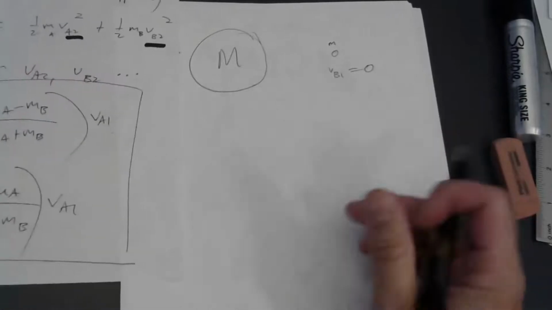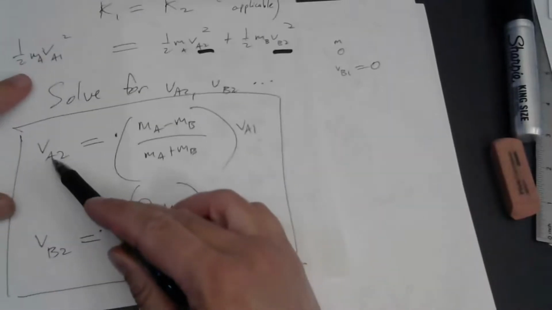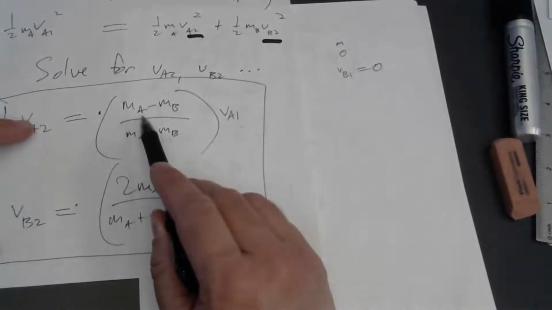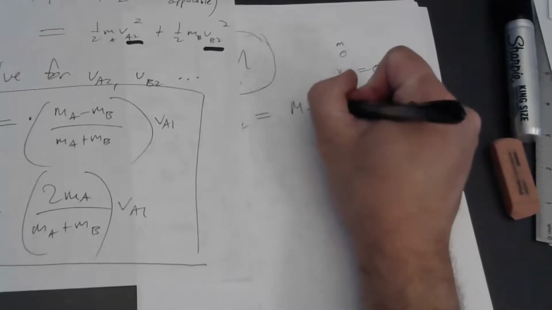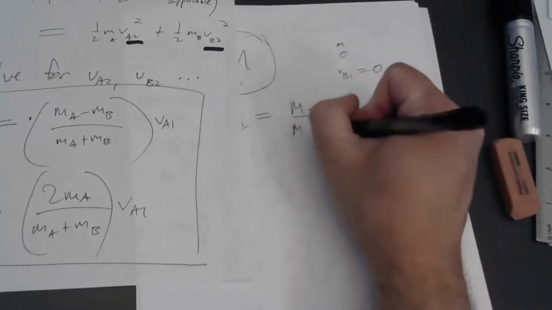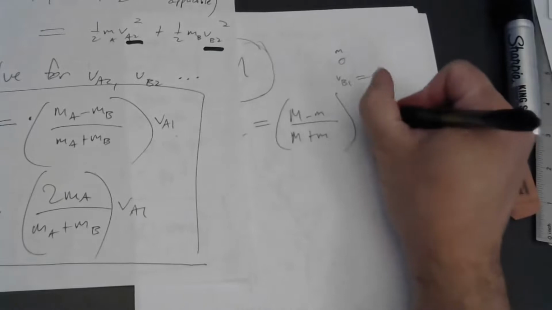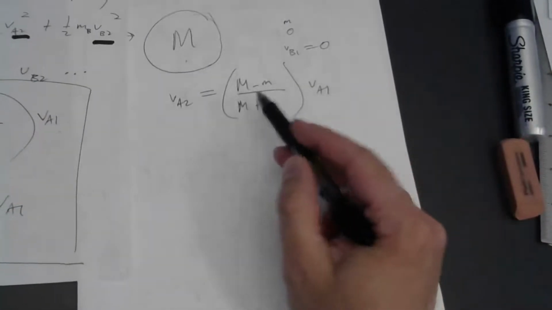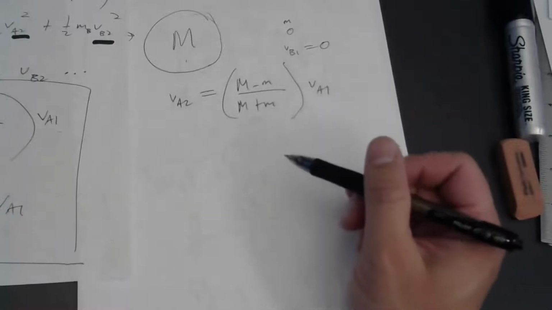Well, according to our equations, the velocity of mass A after the collision, remember I'm calling this mass big M, the other one is little m, big M plus little m. Okay, now let's pick some numbers again. Let's go with SI units or just any system of units, it doesn't matter.